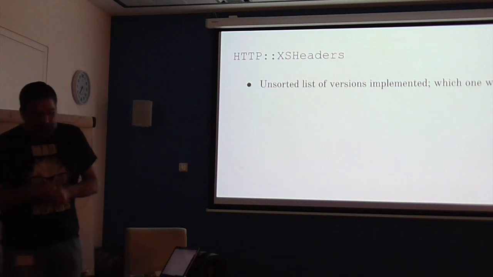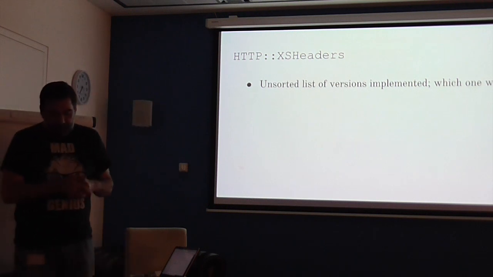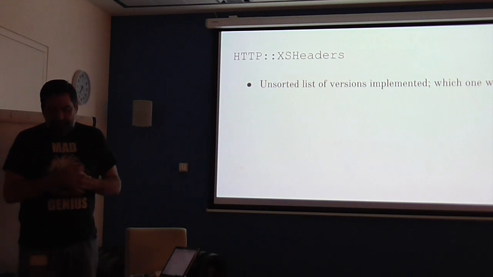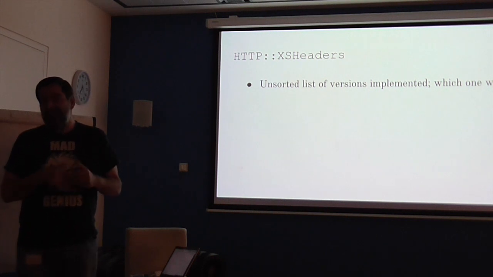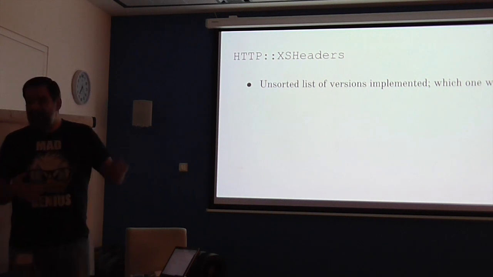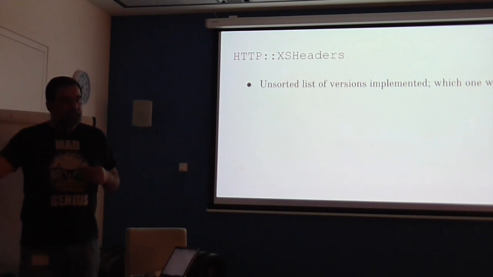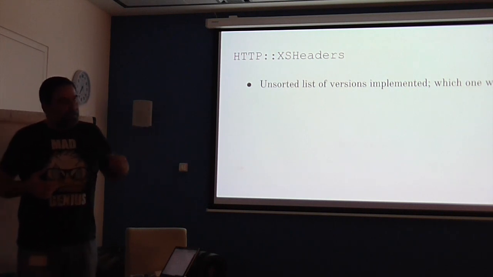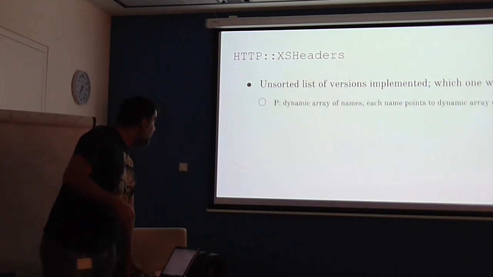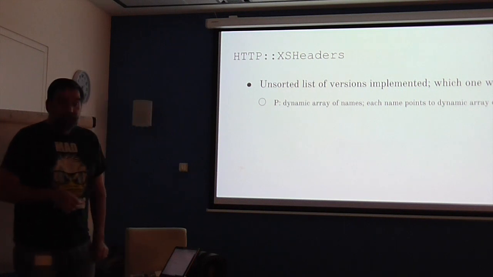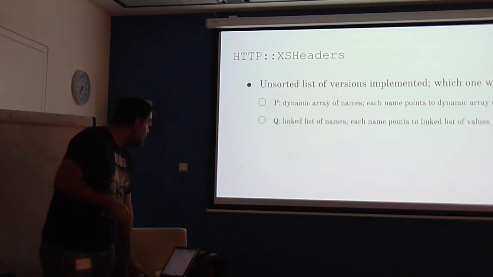So one of the things we had to decide when we did this is how do we represent a set of headers like I described in C? What is the best way to do this? All kinds of ideas come to your mind, like linked lists or hash tables or arrays or whatever. And it is not obvious which of these implementations is actually the best.